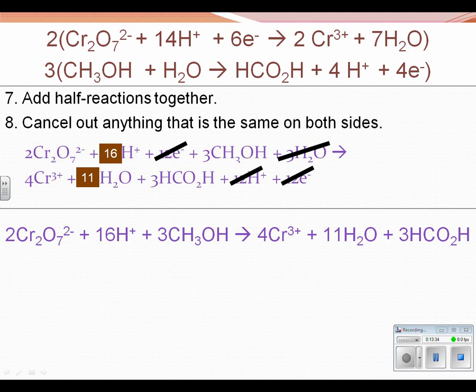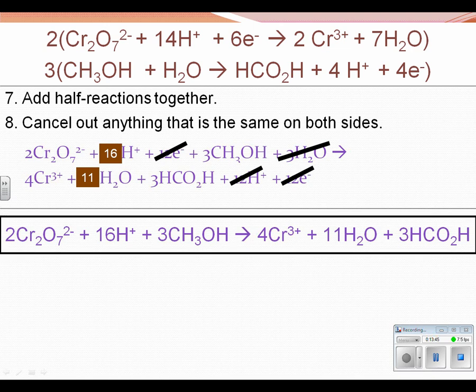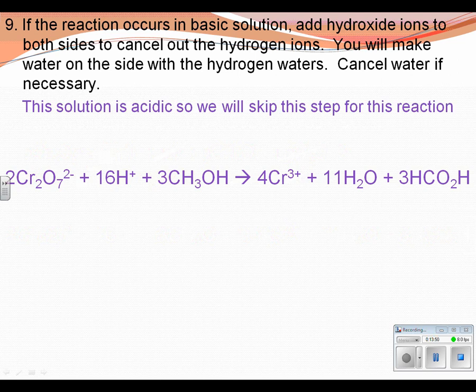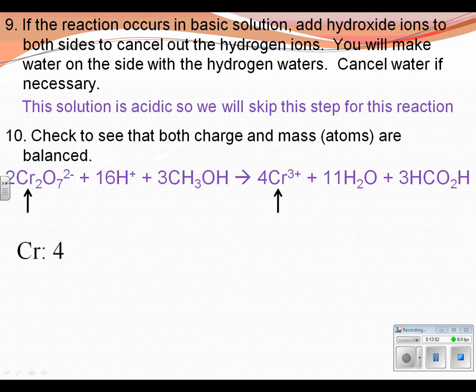And now we just need to check that both the charge and the mass, or the number of atoms, are balanced. So as we look to see if they're balanced, we have 4 chromiums on both sides. Then we have 17 oxygens because we have 2 times 7, which is 14, plus 3 times 1, so that's 17 on that side.